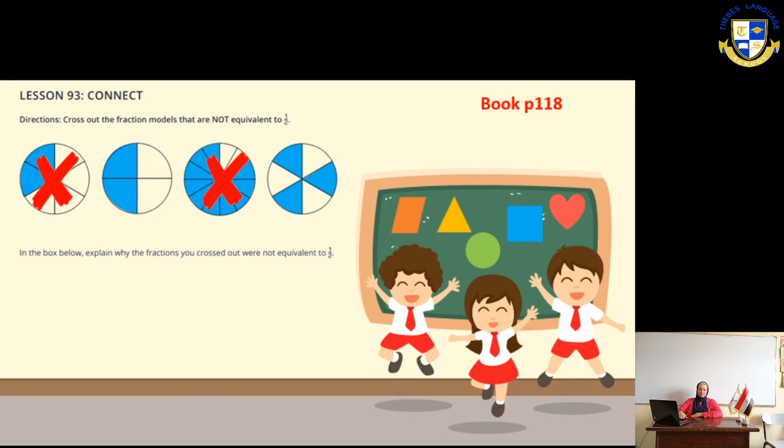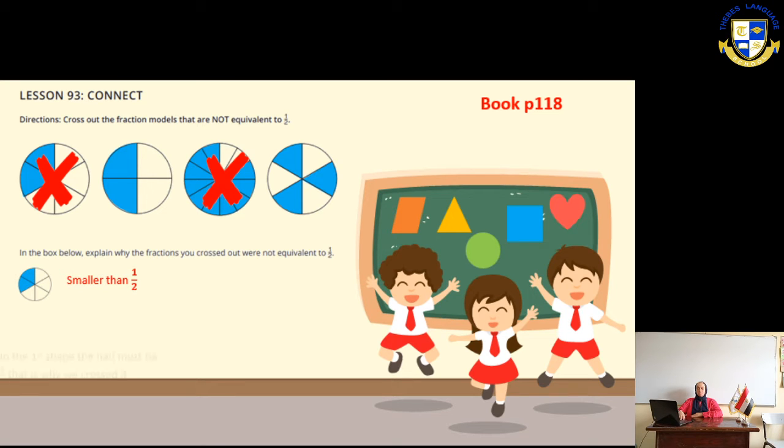They must be the same size. The shaded is equal to the unshaded. So here it's wrong. Okay, the second one is right. The third one is wrong because it is 10 parts shaded from the 12. Okay, it's wrong. And the fourth one is right because we have 3 and 3.